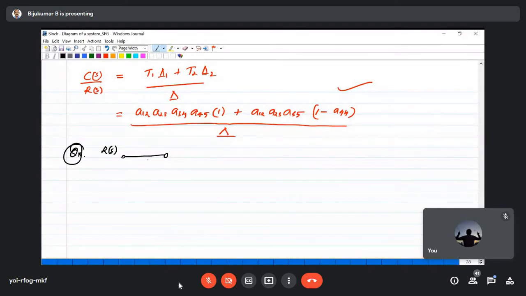This R of S, branch gain is 1. And the next branch gain is 1 by S. One more is there, this also 1 by S. Then 3.